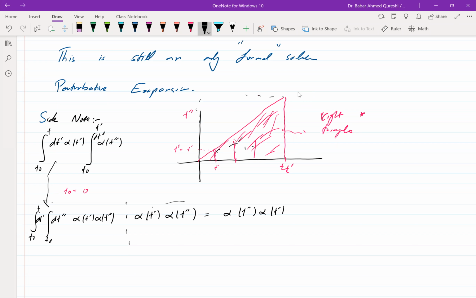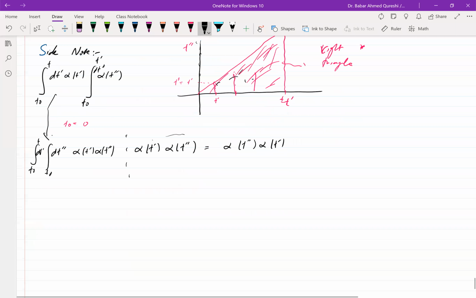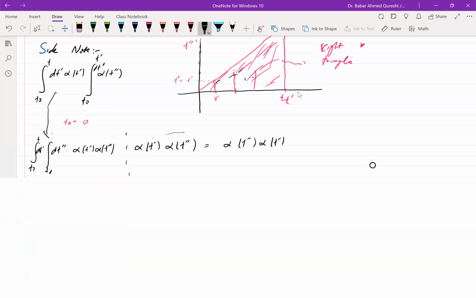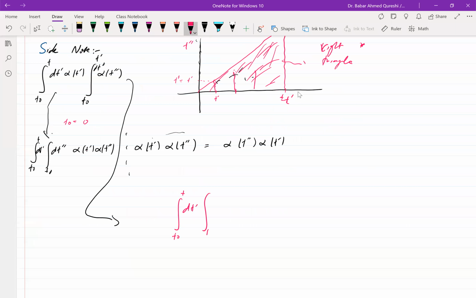So I can extend this integral. I can replace it by this integral. So this integral gets replaced by this one. Integrate over the whole square.